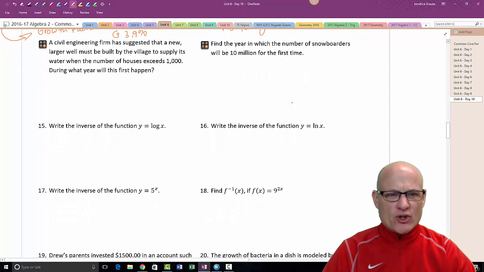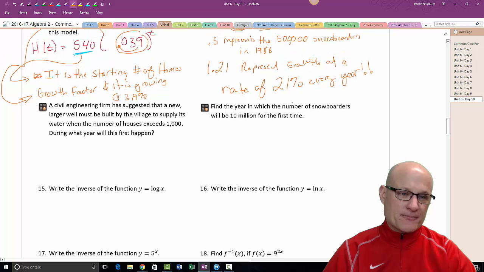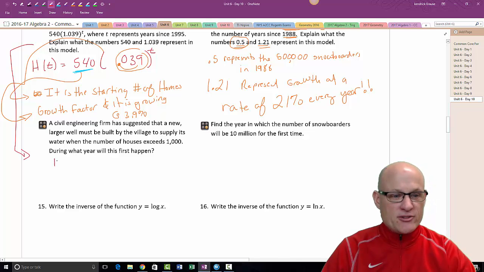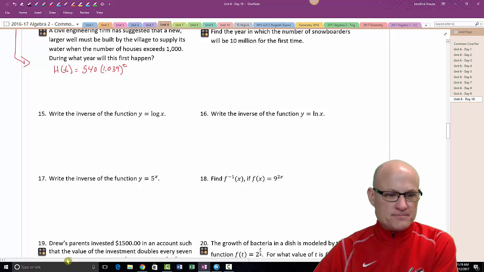All right. A civil engineer firm suggests that a new, larger well must be built by the village to supply its water when the number of houses exceeds 1,000. Oh, I forgot, these two problems go together right here. So we're going to use this formula: H of t equals 540 times 1.039 to the t.